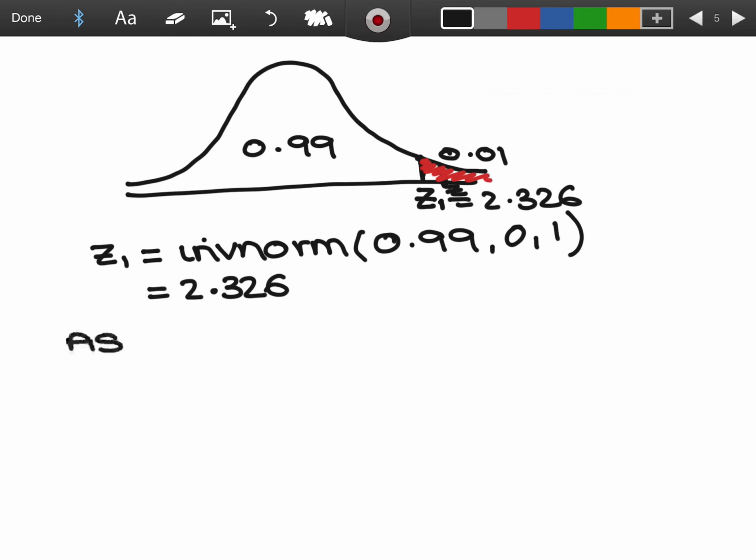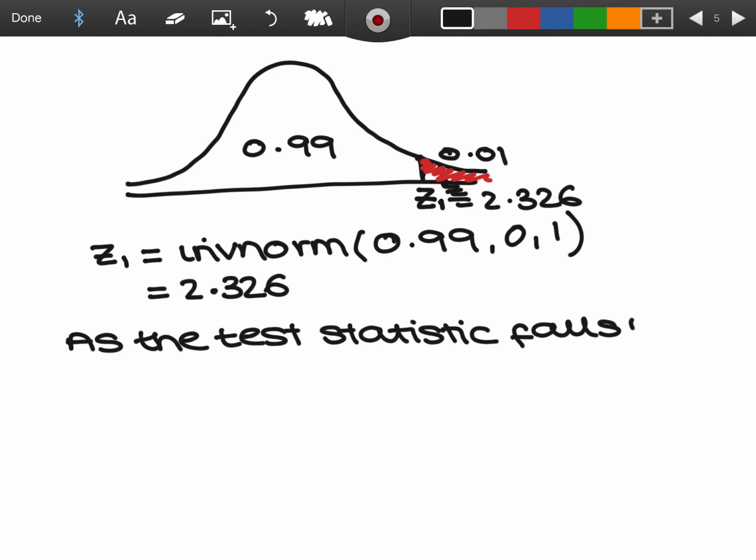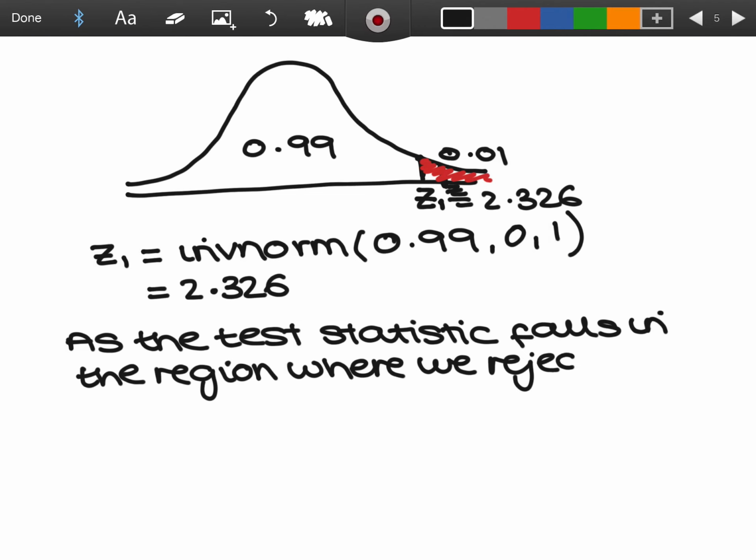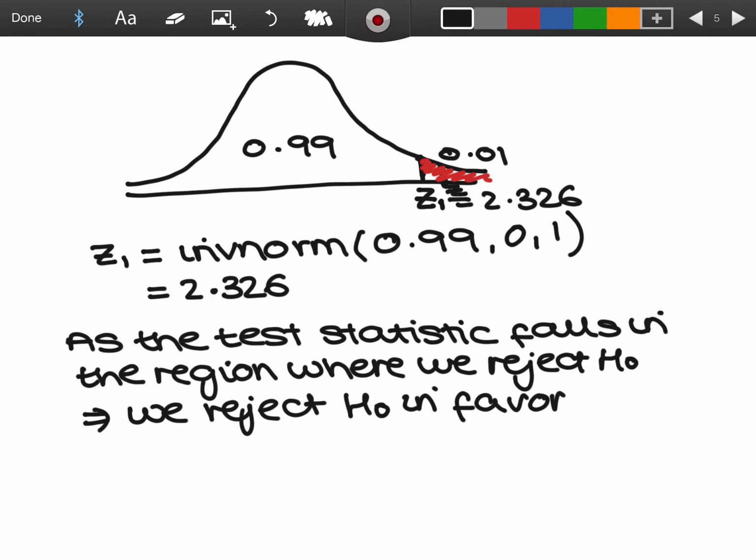So we reject our null hypothesis in favor of the alternative hypothesis.